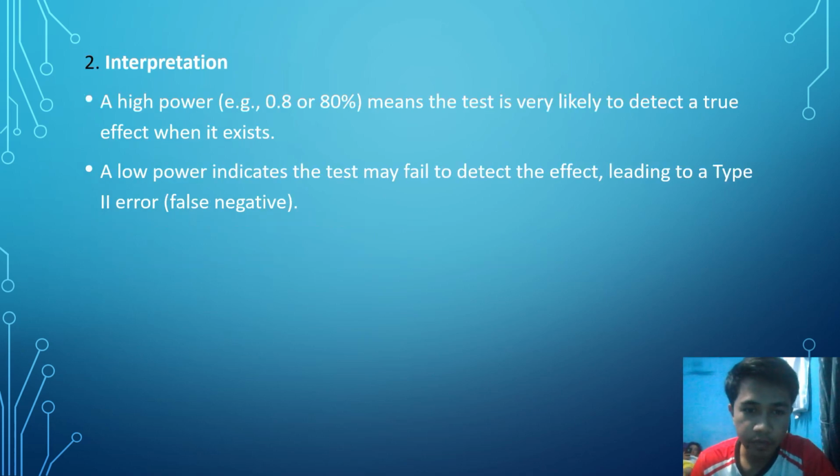Interpretations: a high power, for example 0.8 or 80%, means the test is very likely to detect a true effect when it exists. A low power indicates the test may fail to detect the effect, leading to a type 2 error, a false negative.